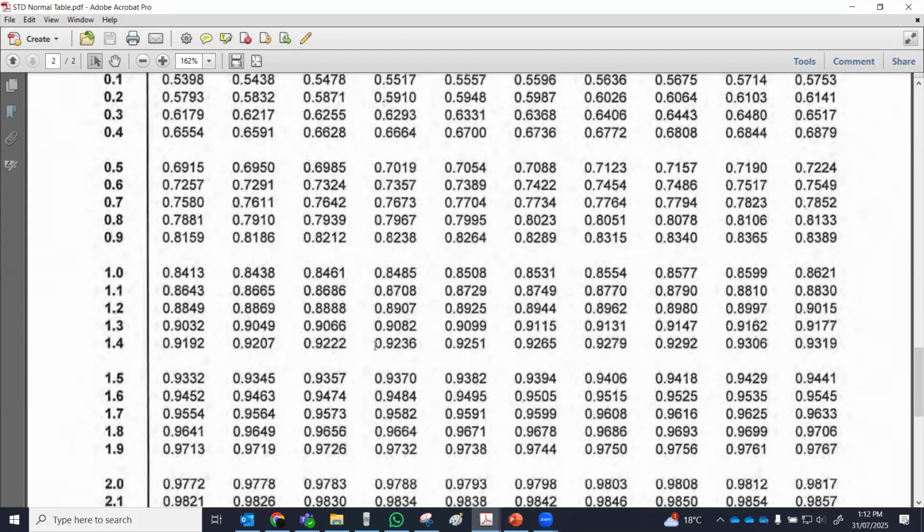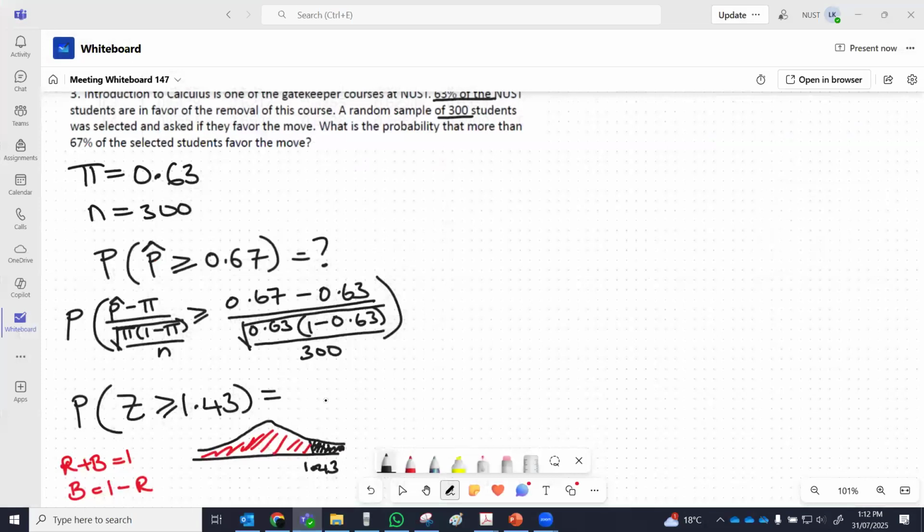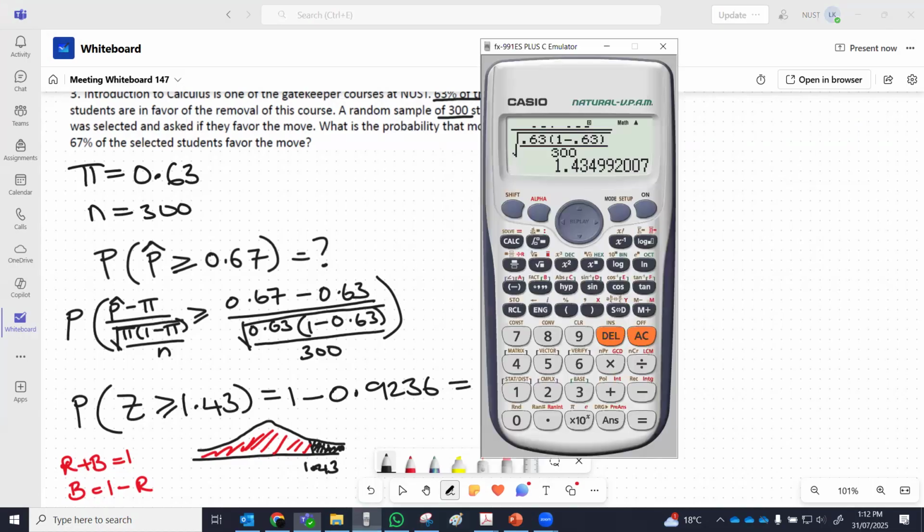So this one here. Okay, so we have 1 minus 0.9236, and this is going to be equal to 0.0764.